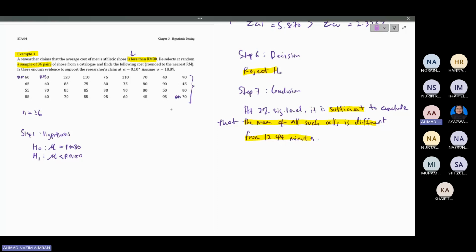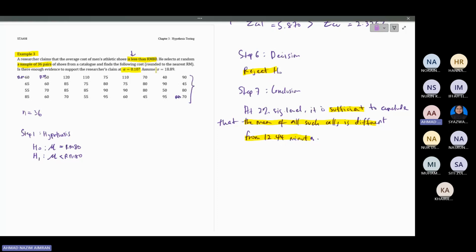Is there enough evidence to support the researcher's claim at, sorry, no, at alpha significance level of 0.1.